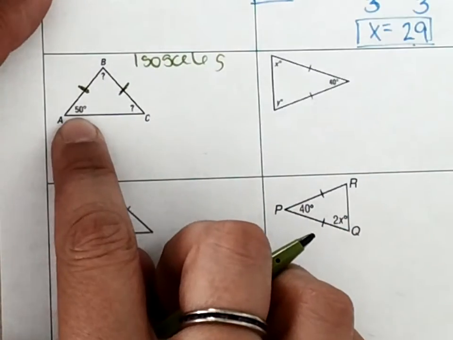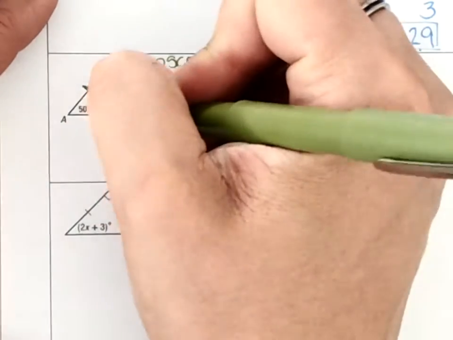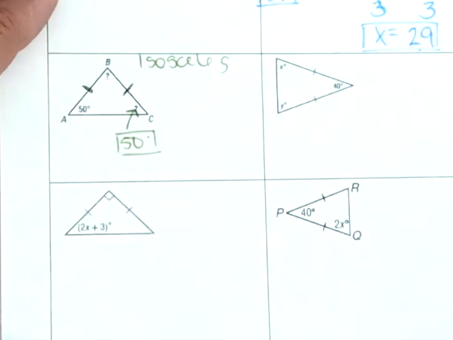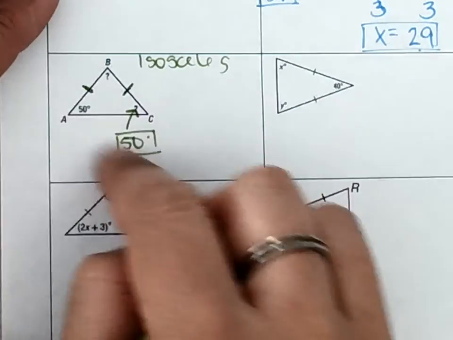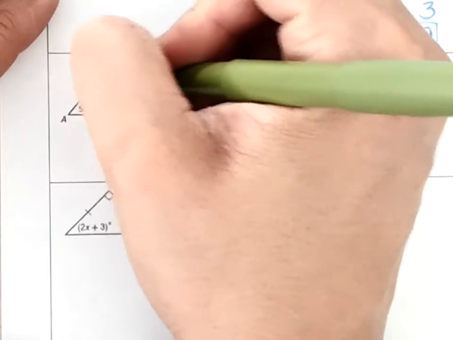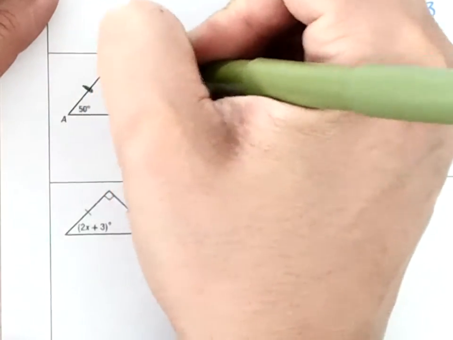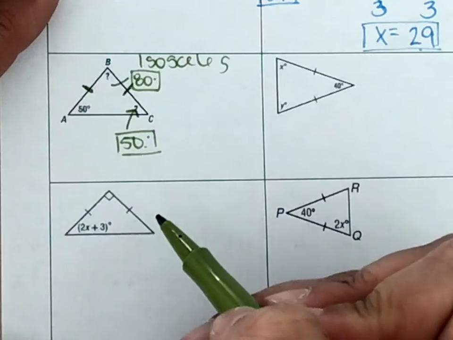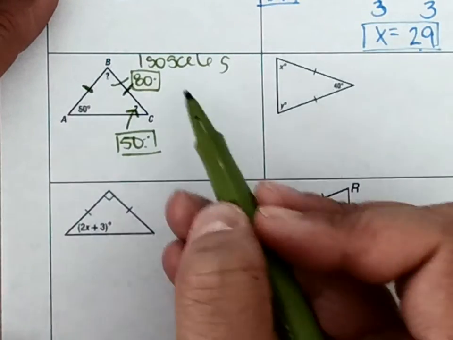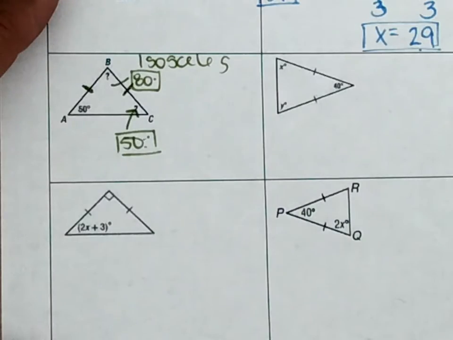Therefore, if this is 50 degrees, this is also 50 degrees. So we just figured out one of the missing angles. Now, if these two are 50 degrees, then the third angle has to be 80 degrees, because 50 and 50 give us 100. 100 plus 80 gives us 180, and we know that a triangle has 180 degrees.